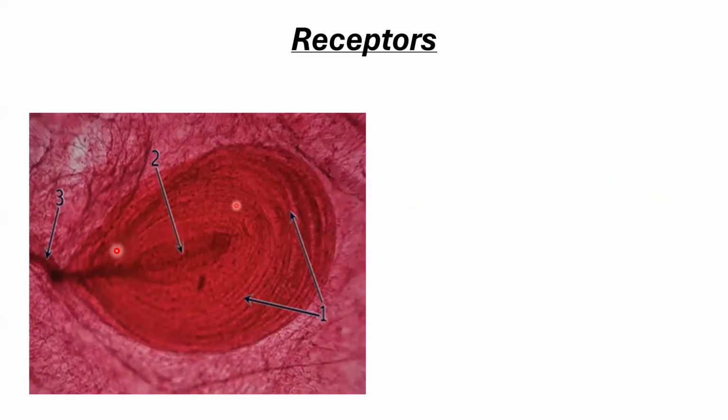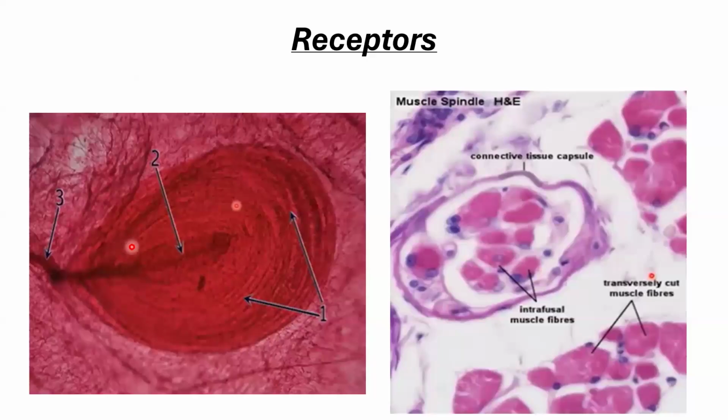Maybe in the comment section, let me know. And we'll describe this, but as we describe it, this is a neuromuscular spindle. The muscle spindle using H and E stain, and we have the extrafusal fibers, which contract. And then we have a capsule covering this.